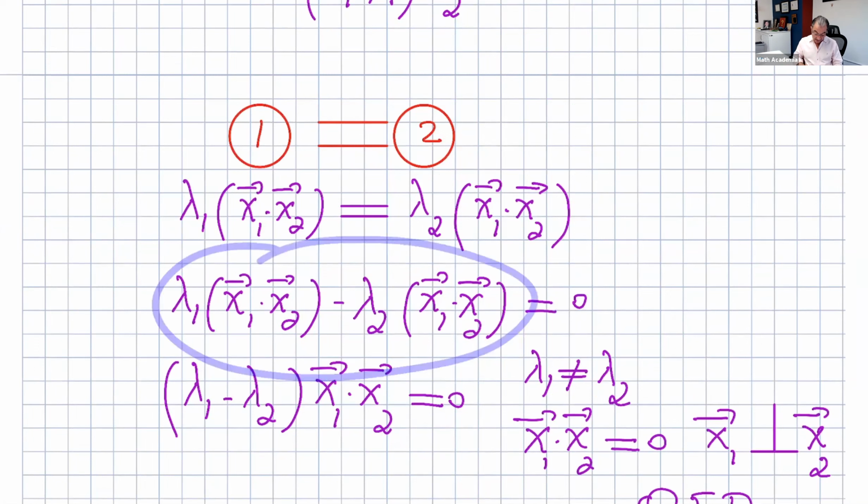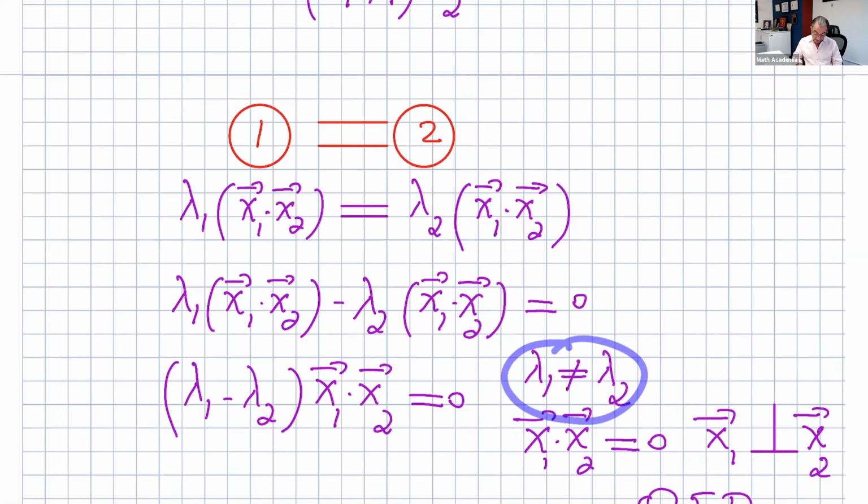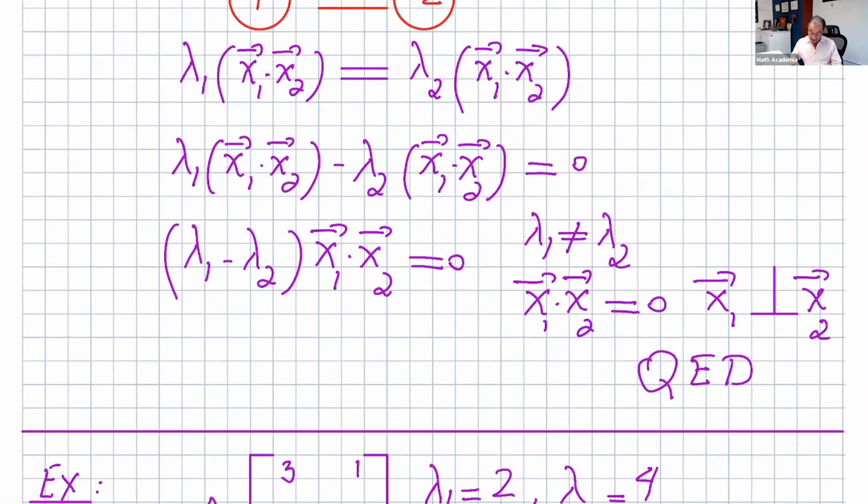If you factor out x1 dot x2, you get lambda 1 minus lambda 2. We know these two are distinct real numbers, so they're not equal to each other. So for sure, x1 dot x2 will be equal to 0. Therefore, you can say that x1 is orthogonal to x2.